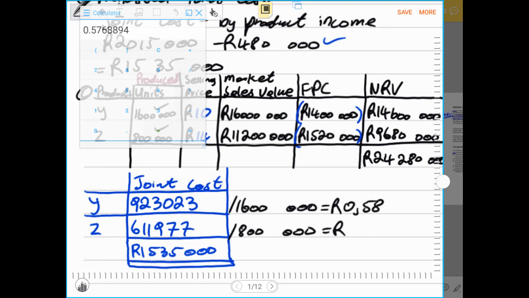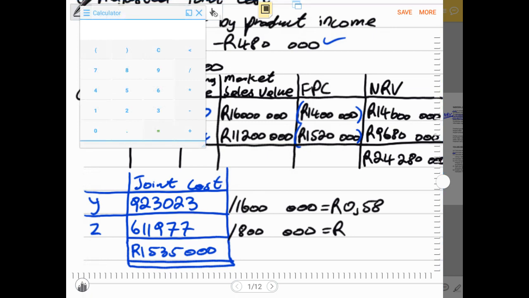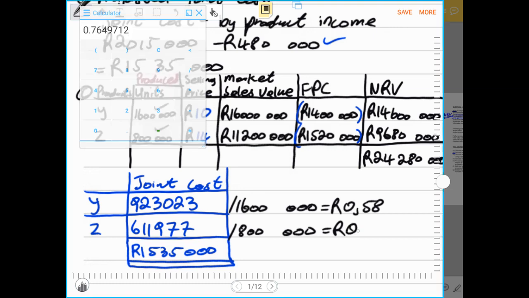That means joint cost per unit was 58 cents per liter of product Y. And for product Z, it will be joint cost in total 611,977 divided by 800,000 units, which is liters that were manufactured, and this will give us 0.76. That means jointly it cost the company 76 cents per liter of product Z.